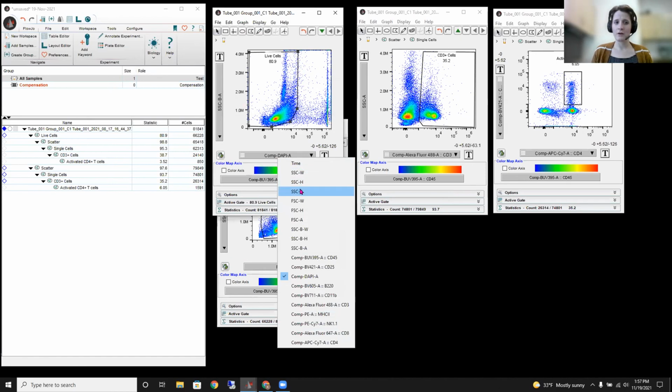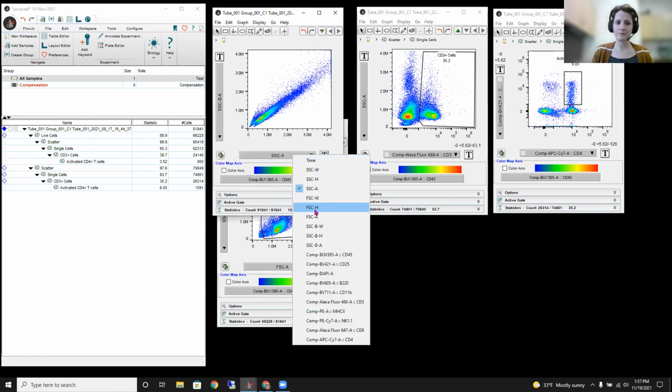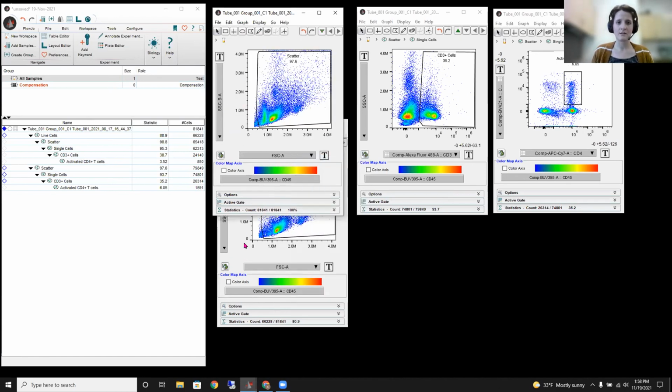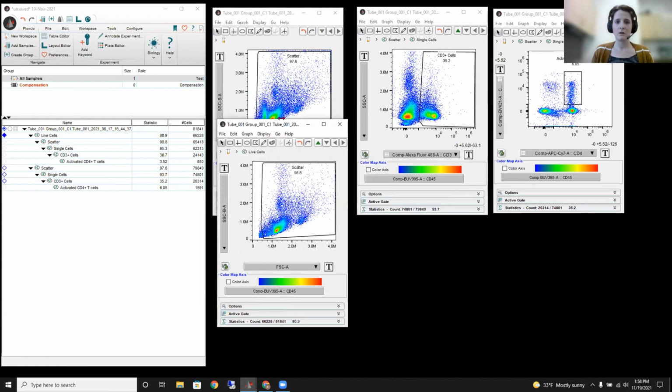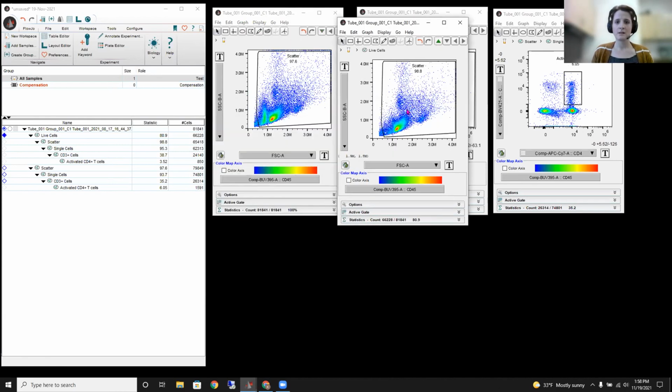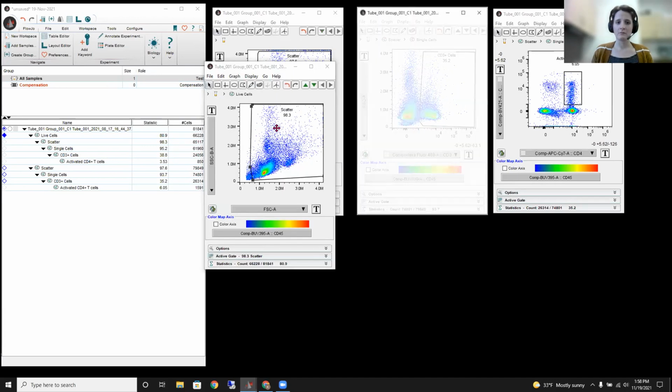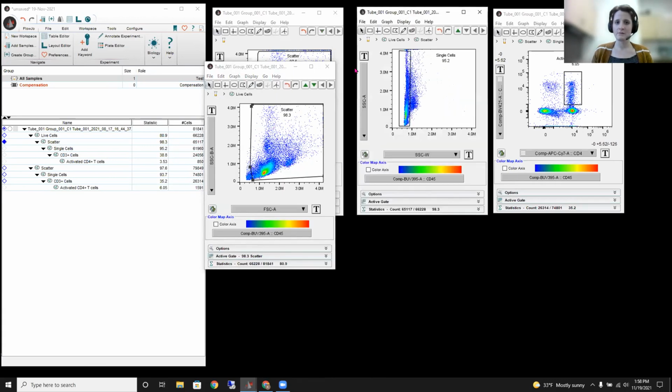So before, if we looked at forward scatter versus side scatter, you can see that there's definitely this population right here that seems to be a majority of where the dead cells are. But there are some cells that were DAPI negative that were still within the scatter gate, and we want to include those cells in our analysis.